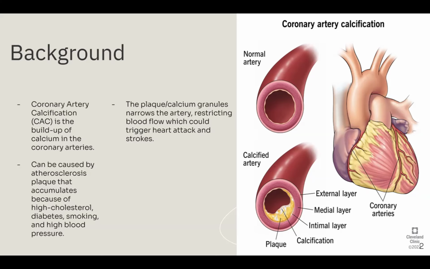Or, like in the last lecture, when the professor said the repair process for lesions can also leave behind bone structure or deposits, and that can also be a source of this calcium buildup. And this is extremely dangerous because it can narrow the arteries, restricting the blood flow, which can cause very fatal heart attacks and strokes.